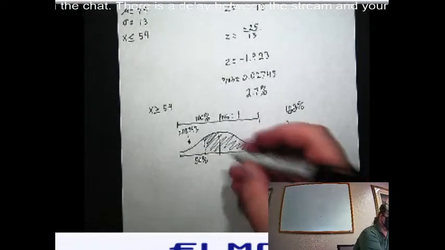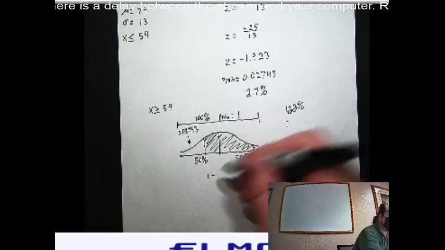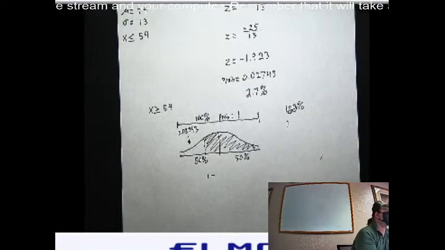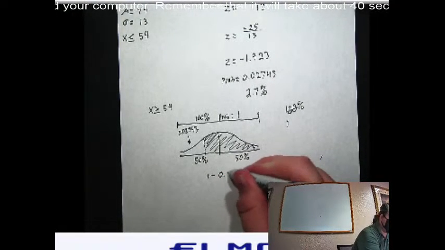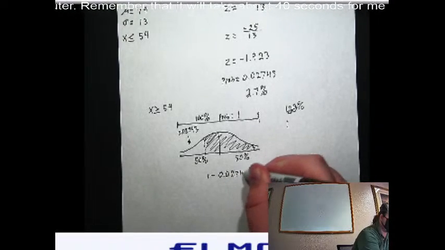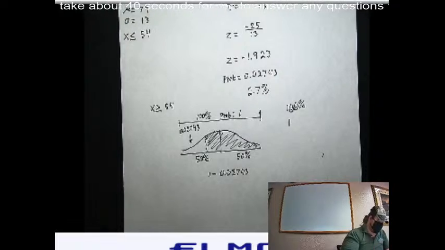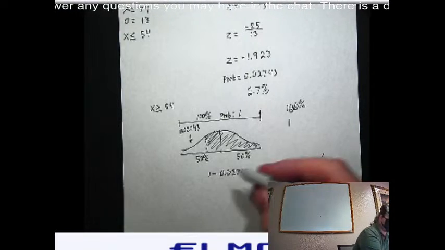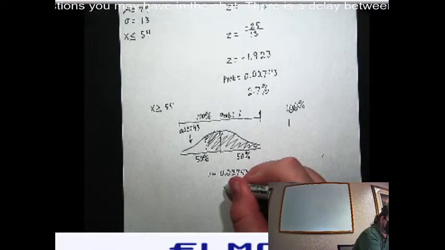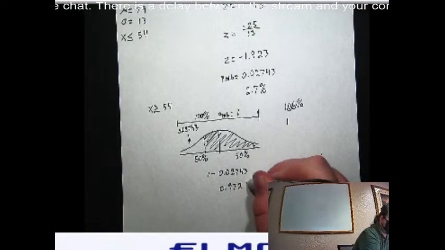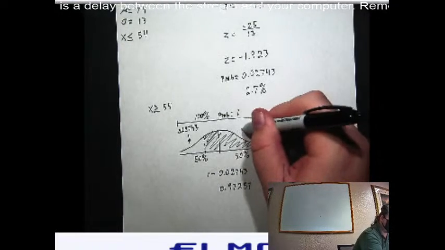To find this side, we do 1 minus this. Take this off and we'll just be left with this, right? So 0.02743, take that away from 1. Let's see what we get. 1 minus 0.02743 is 0.97257.